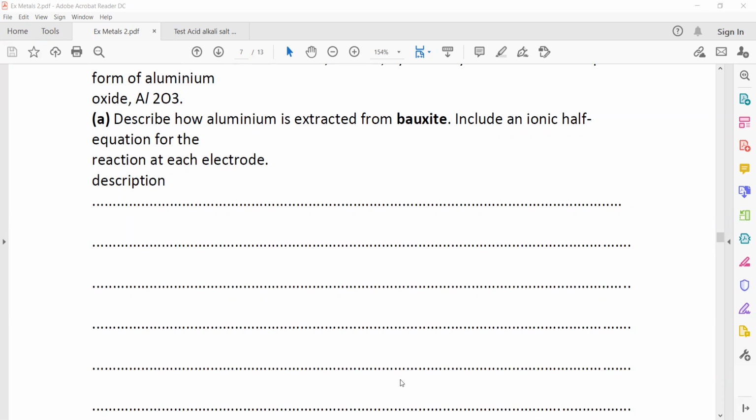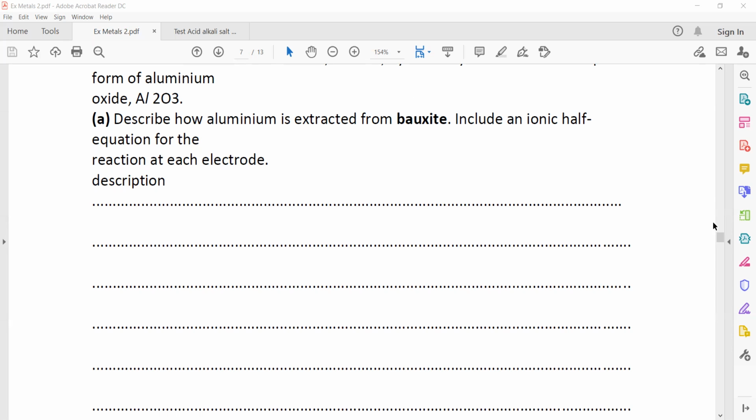Iron hydroxide will be insoluble, aluminium hydroxide or sodium aluminate will be dissolved, then filter, then add cryolite. You can mention those points as well. They are not included in the marks, but you can mention them because this question doesn't specify that, as they mention here how aluminium is extracted from bauxite. So starting with the bauxite, you can mention the whole process.